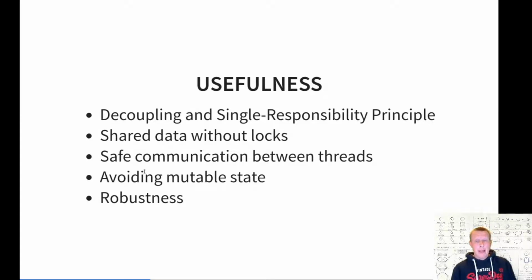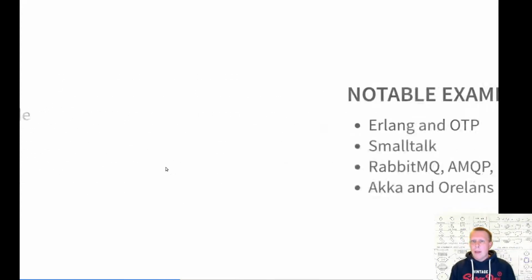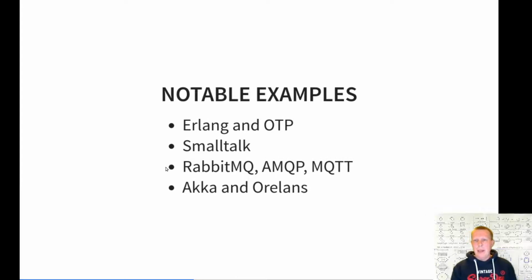And the last thing is robustness, which is not something I'm going to go into, but if you look at a language like Erlang, it is largely built around this idea. This is the central idea of the Erlang language and the OTP protocol, to have these actors and message passing between them.